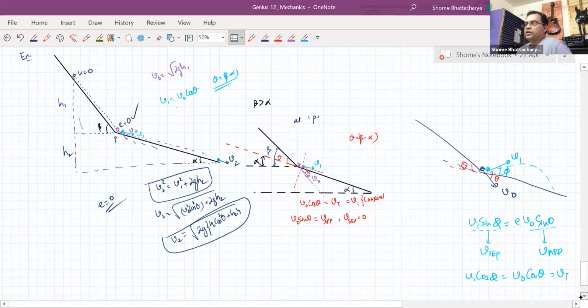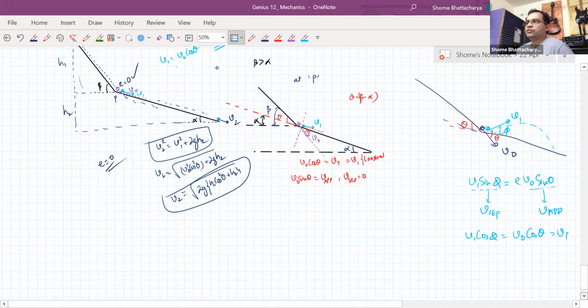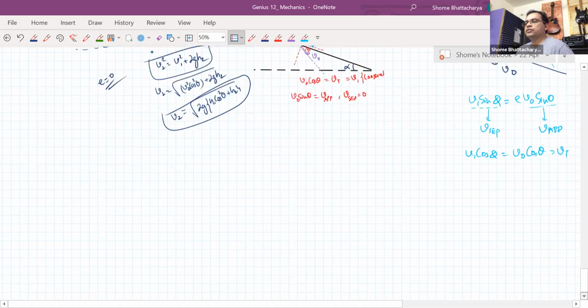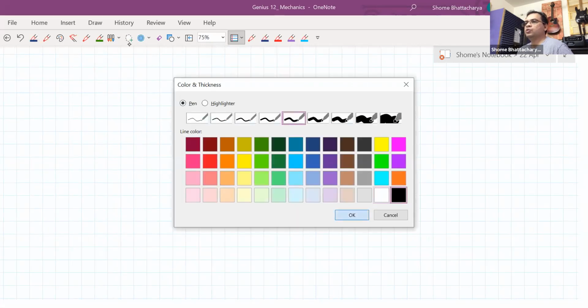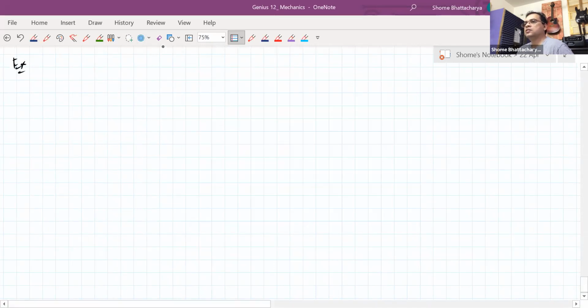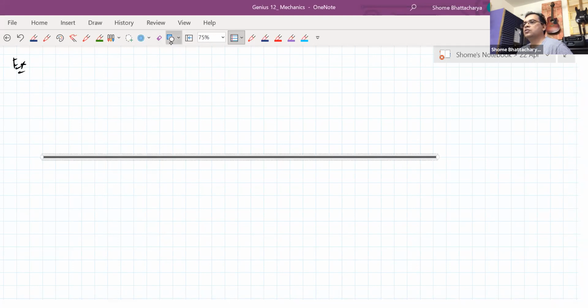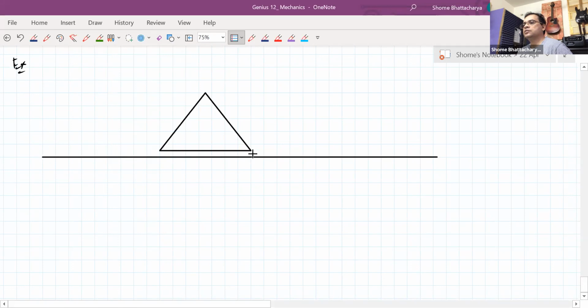Now I'll take you through another, slightly more tricky version of this type of question, where one more thing is happening. The inclined surface we're talking about now is not going to be a fixed inclined surface. It is going to be the inclined surface of a triangular wedge. So we have that kind of situation.